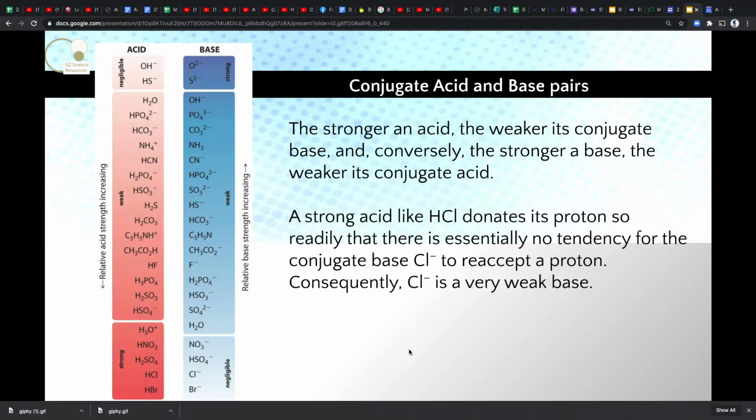Now, OH minus we know is alkaline. It's a base, meaning it's going to be weakly acidic. It won't have the potential to donate that hydrogen. It'll still want to accept another one rather than give one away. Oh, right. It's a terrible acid. Yeah, hydroxide is a terrible acid. Right, now I get it. Lesson of the day.